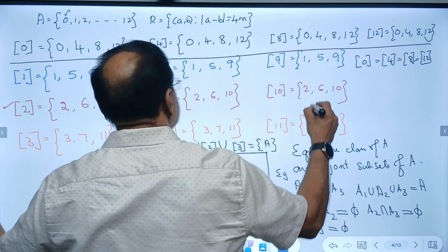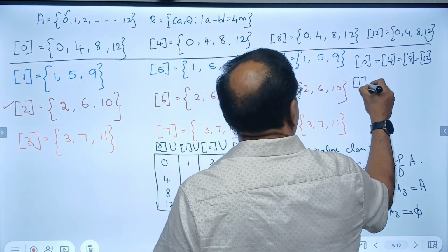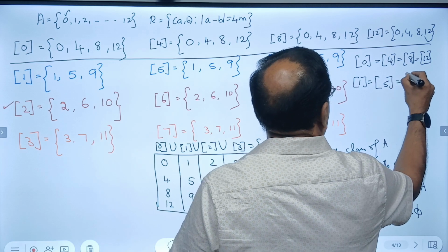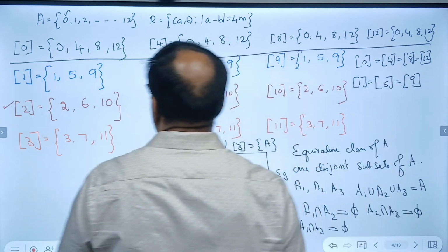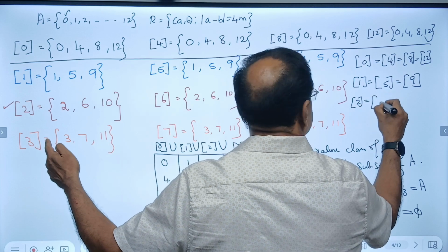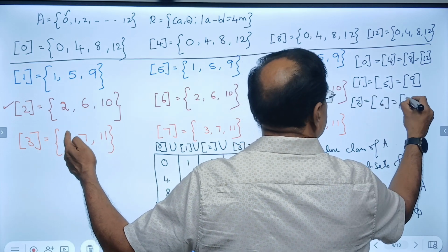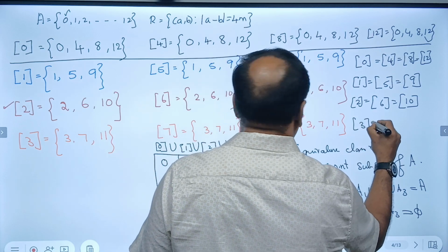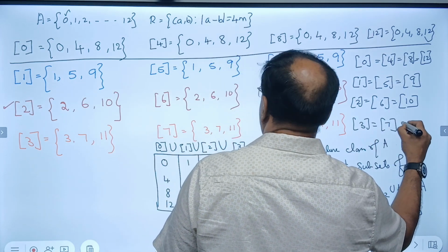Then you can see that the equivalence class of 1 equals the equivalence class of 5 equals the equivalence class of 9. And this is the equivalence class of 2 equal to the equivalence class of 6 equal to the equivalence class of 10. And finally, this is class 3 equal to class 7 equal to class 11.